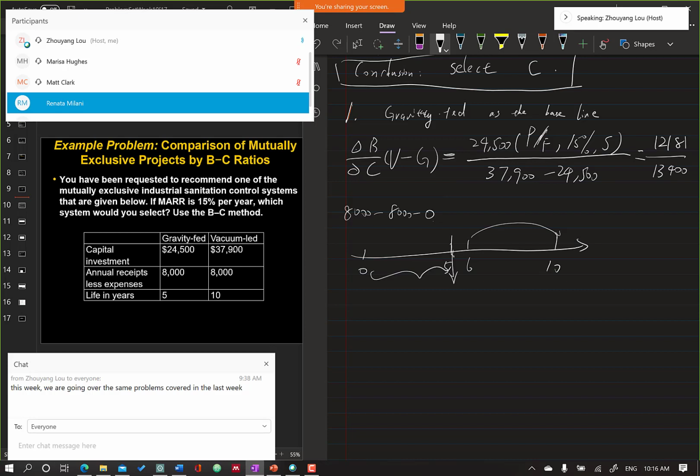Definitely the numerator is less than the denominator, and that's obviously less than 1. So we have an incremental benefit-cost ratio less than 1, which means project B, the vacuum project, needs to be dropped.